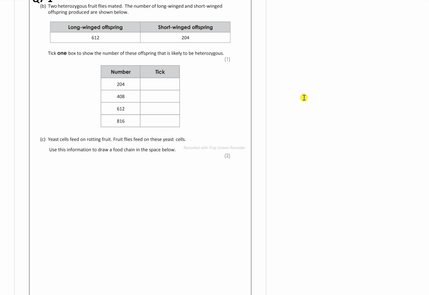Right, you have 2 heterozygous fruit flies mated. Remember we said heterozygous means you've got 2 genes coding for the same feature, H, let's just say those are for height.